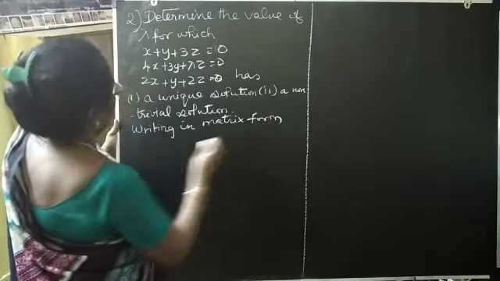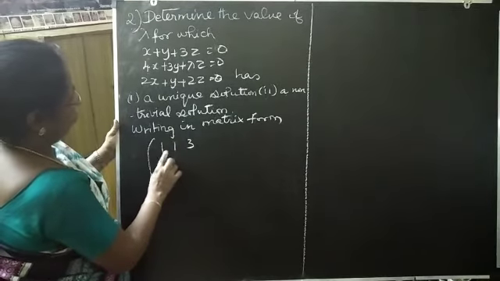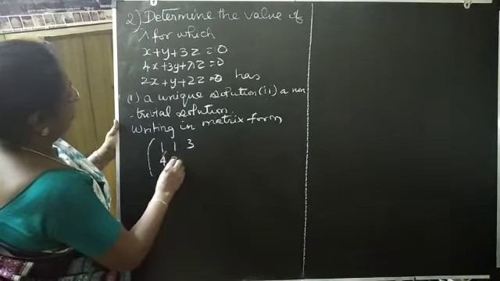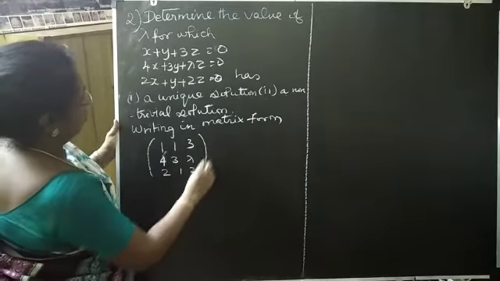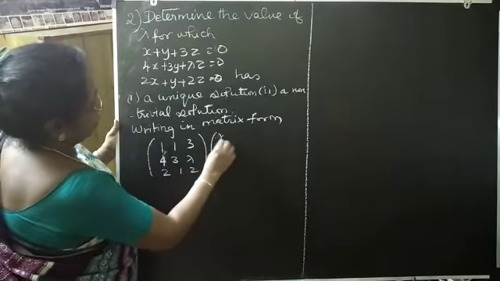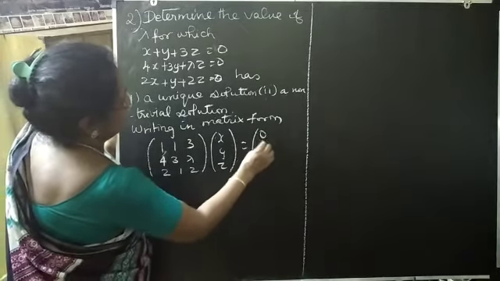So, writing in matrix form, we get 1, 1, 3, 4, 3, lambda, 2, 1, 2 into x, y, z is equal to 0, 0, 0.